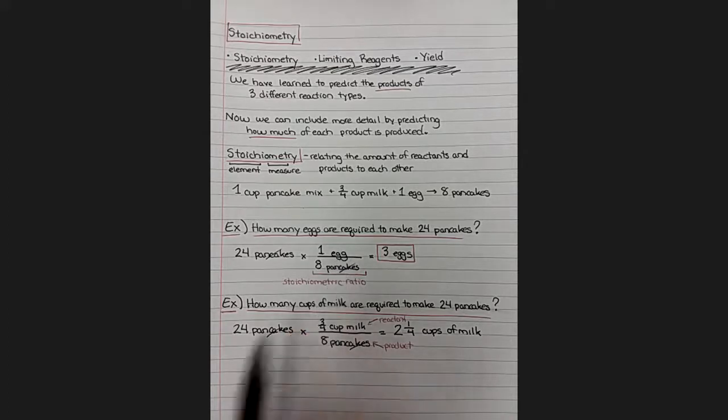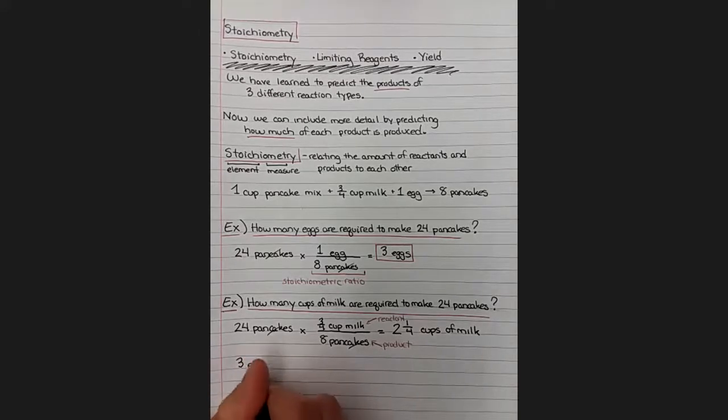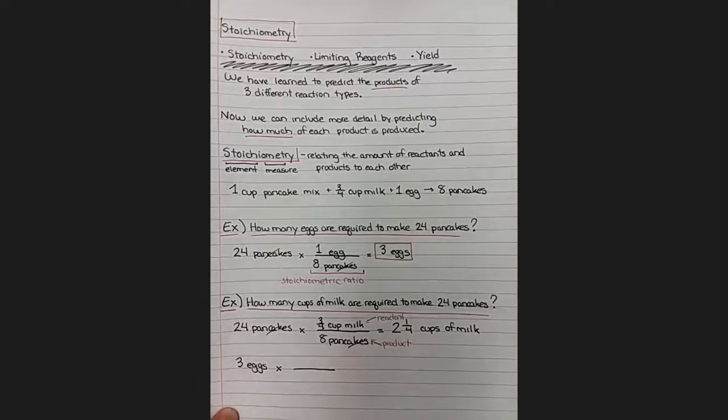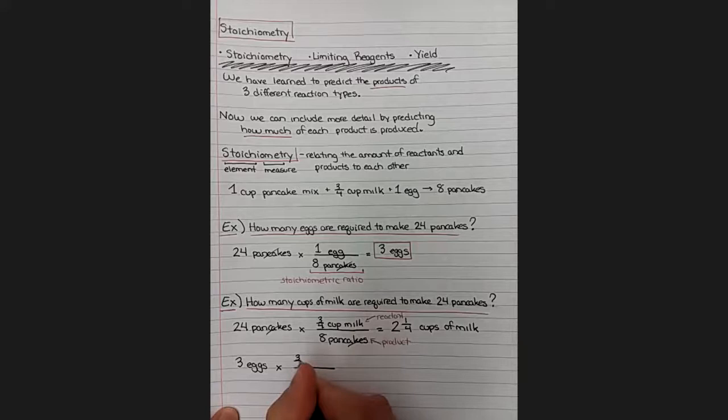And it just so happens we know we need 3 eggs to make 24 pancakes because we did that in the last problem. So another way you could solve the problem if you had more information was to start with the number of eggs and take the ratio of milk to eggs instead of milk to pancakes.